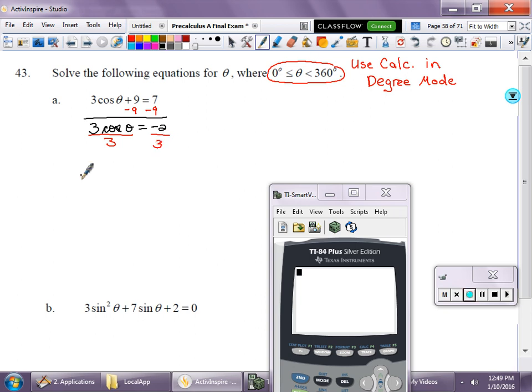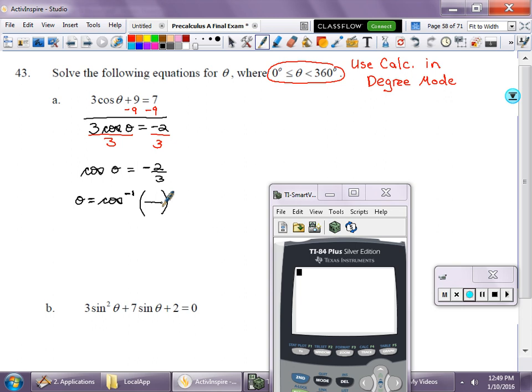And we get cosine theta is equal to -2/3. Now this is tricky on how to respect the negative sign. When we look for theta, because we're told to use our calculator, we're going to say theta is equal to cosine inverse, and we want to make sure we are getting the absolute value.